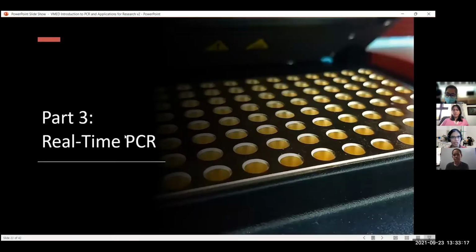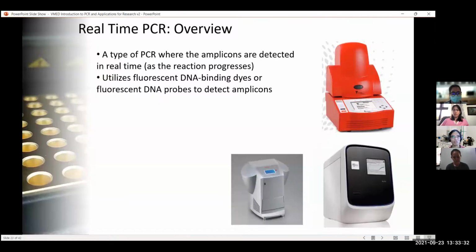Next, we go to real-time PCR. This is the more advanced version of PCR. Here you don't need the gel. That's why it's called real-time PCR, because while it's running, in real time, you can know whether or not your sample is positive.